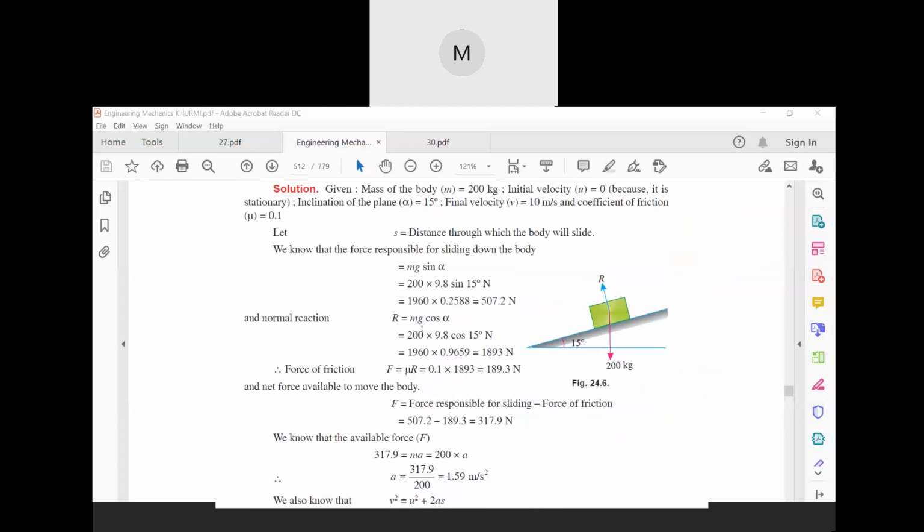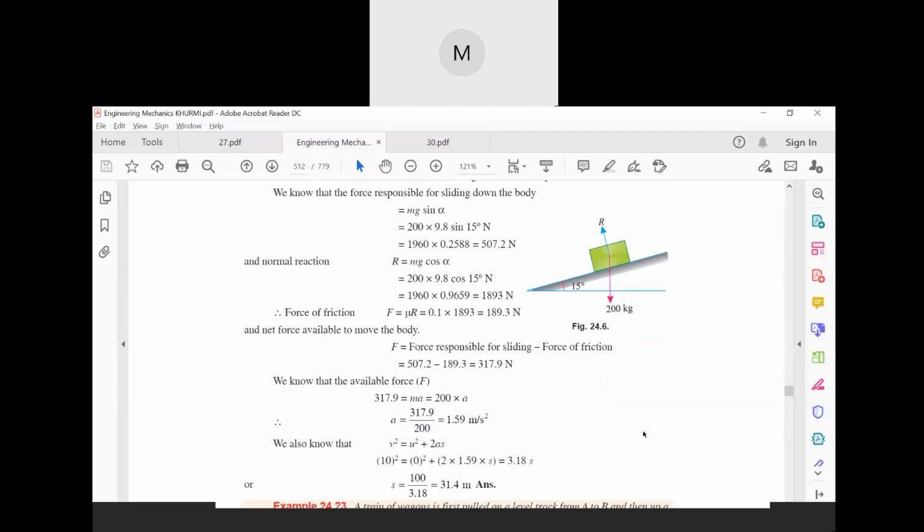That means you find the force responsible for sliding, then you find the normal reaction. And always remember, frictional force equals coefficient of friction mu into normal reaction R. Now if you subtract these two, then you will get the net force that is available for moving the body.